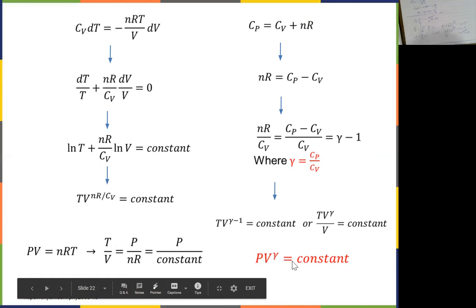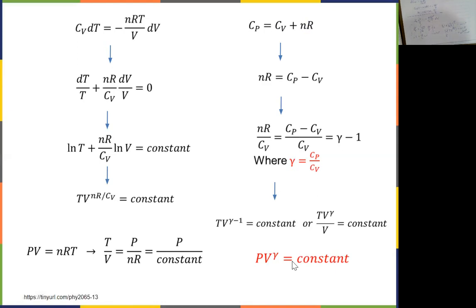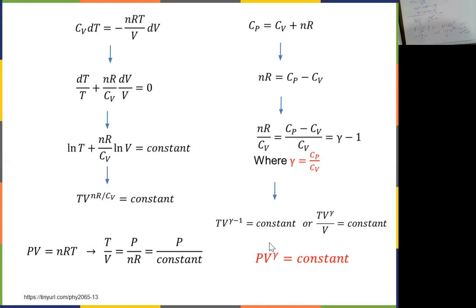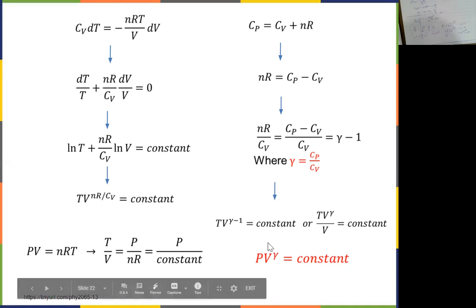That means P1 V1 to the gamma equals P2 V2 to the gamma for that process, where gamma is equal to Cp over Cv, the ratio of the constant pressure heat capacity divided by the constant volume heat capacity. So this is the equation you can apply when you see an adiabatic process.